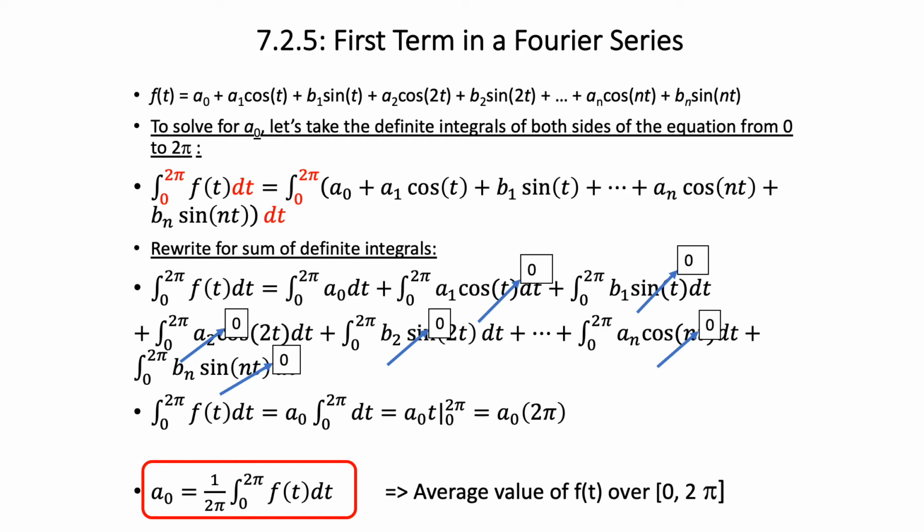And finally, we have a naught equal to 1 over 2 pi times the integral from 0 to 2 pi of f(t) dt, and this value is actually equal to the average value of f(t) over 0 to 2 pi.